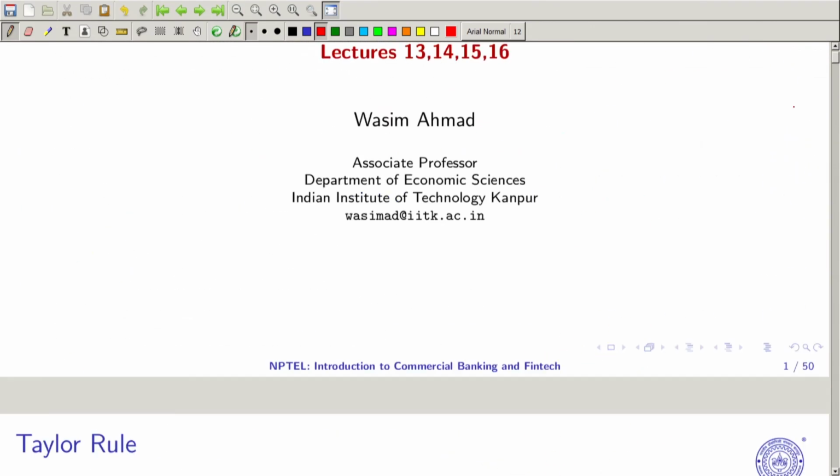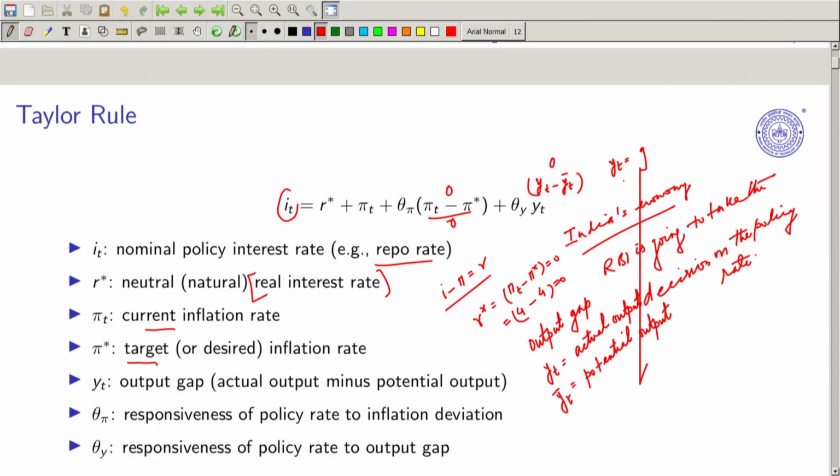So let's go here. Let me clear this part. So here we have yt, given the labor and capital, how many goods we can produce, right?